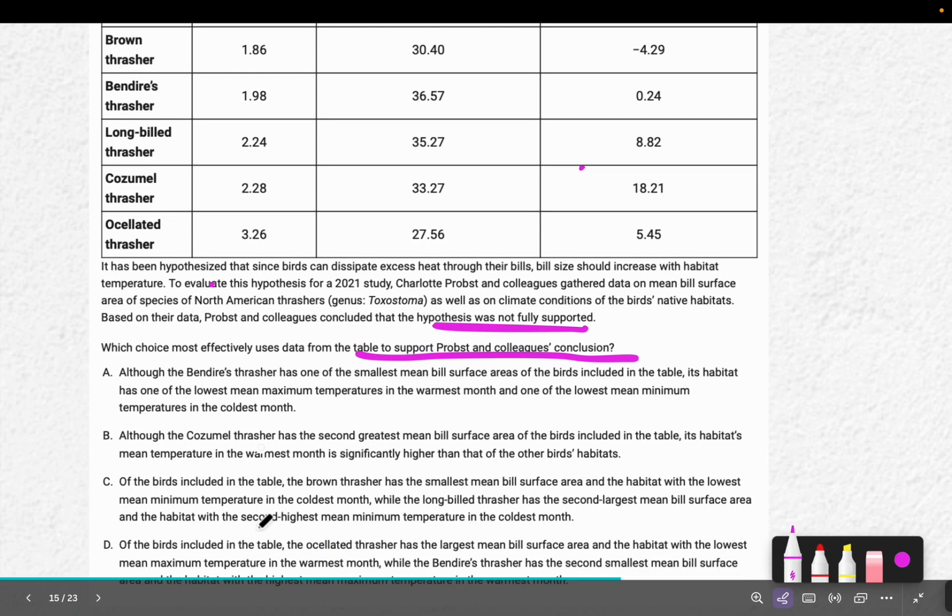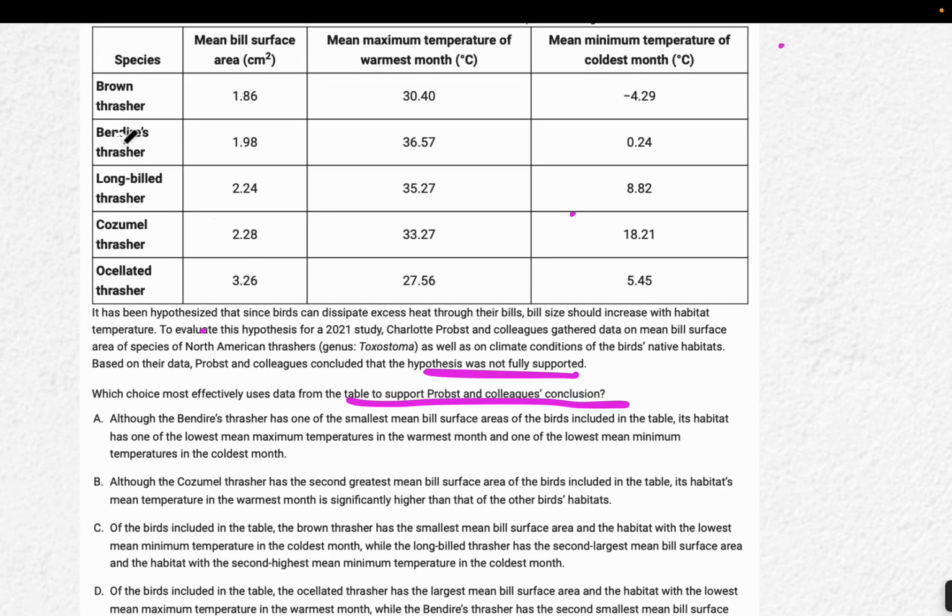Choice A: Although the Bendire's thrasher has one of the smallest surface areas of the birds included in the table. Okay, we can directly cancel choice A because the Bendire's thrasher does not have the smallest surface area.